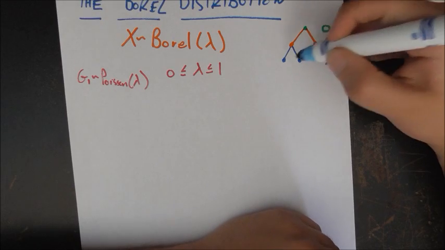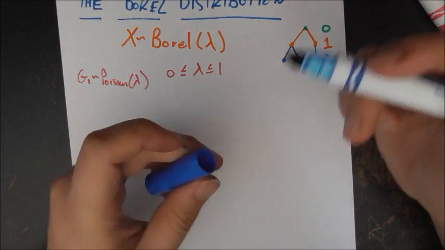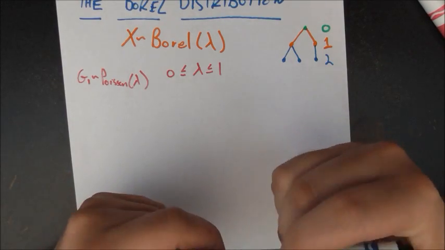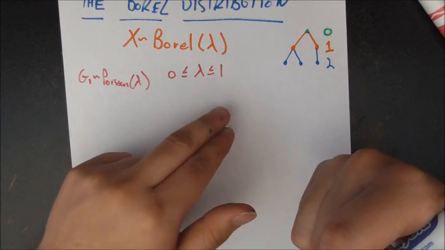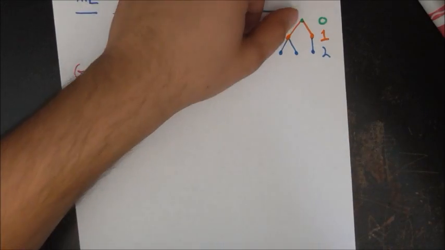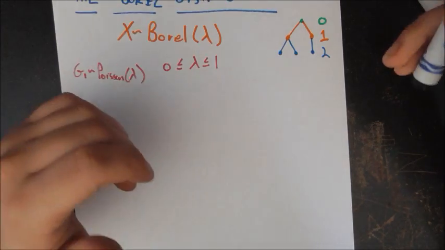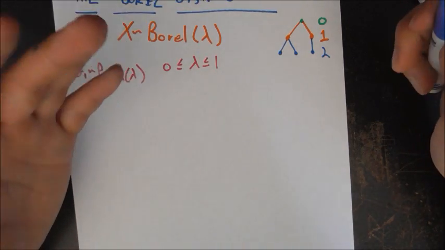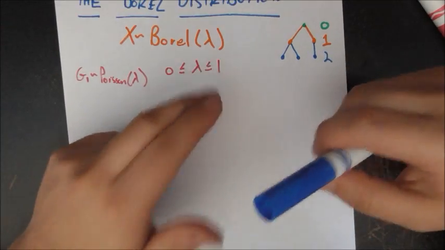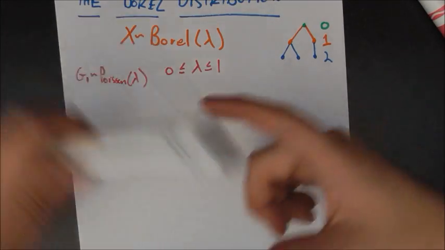This is generation 2, made up of these 3 individuals. Notice that we're being very optimistic because lambda is between 0 and 1, yet I've given this person 2 descendants, and this person 2 descendants, when really that's rare given our lambda right here. Now let's keep going a few generations further.